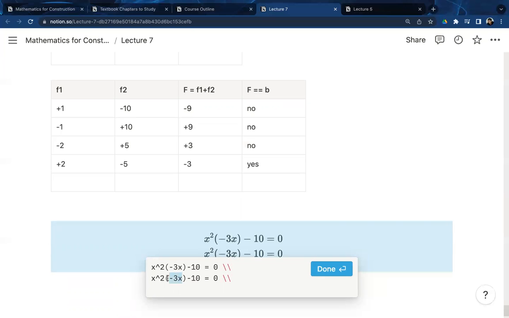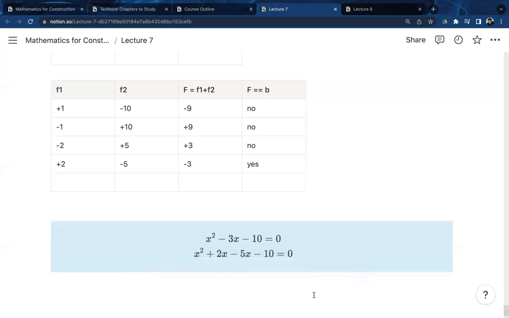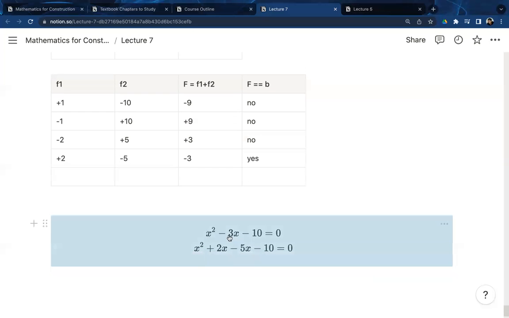Negative 3x is really 2x minus 5x, right? Positive 2x minus 5x. Let me take out these brackets here. Okay, this is how we rewrite the expression. Negative 3 is really plus 2 minus 5. I hope you all are seeing that, right?